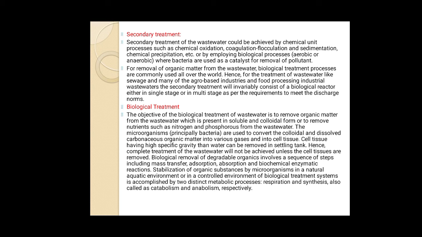For the removal of organic matter from wastewater, biological treatment processes are commonly used all over the world. Hence, for the treatment of wastewater like sewage and that from many agro-based and food processing industries, secondary treatment will invariably consist of a biological reactor, either in a single stage or in multiple stages as per the requirement to meet the discharge norms.